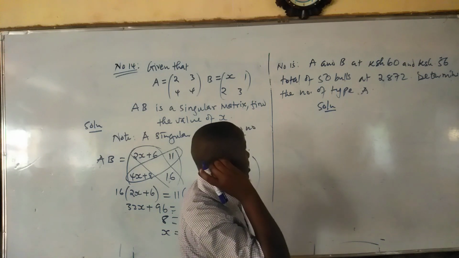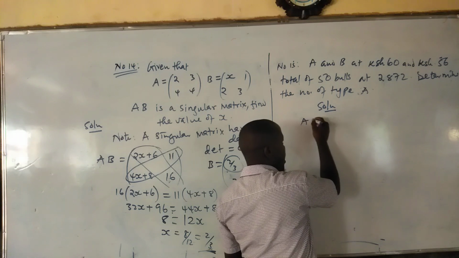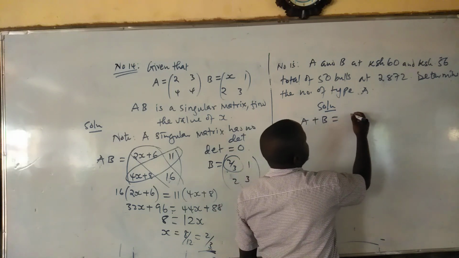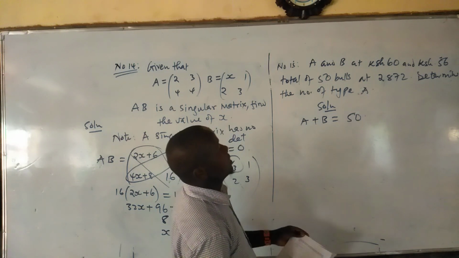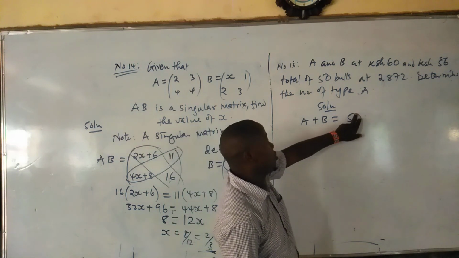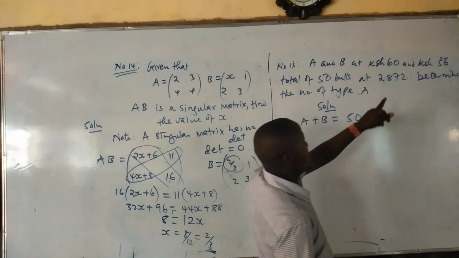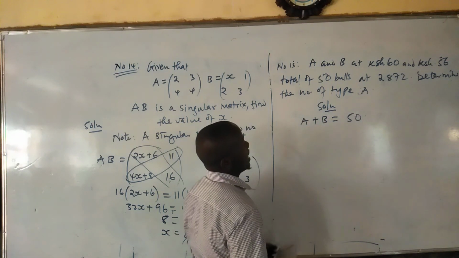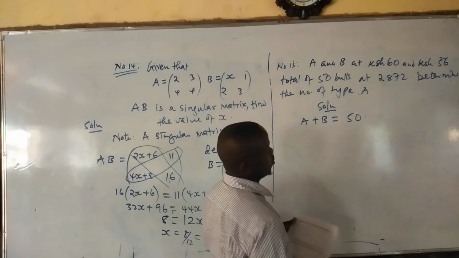So it is good to know that both balls, A and B, were a total of 50. Each ball for type A was selling at 60 and for type B at 56, and the 50 of them cost 2872 shillings.